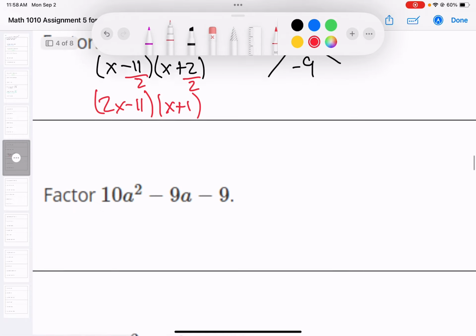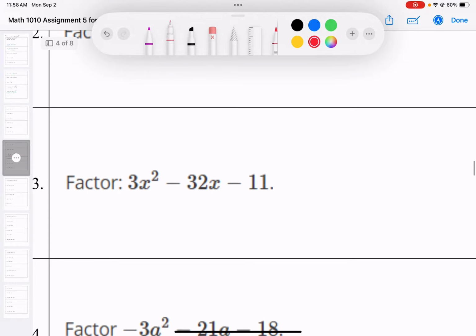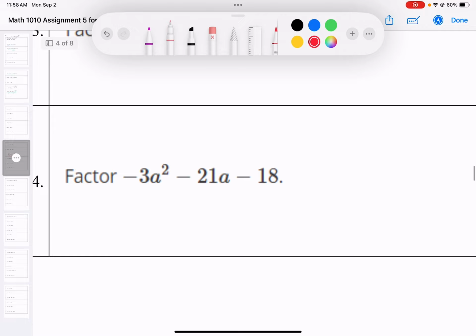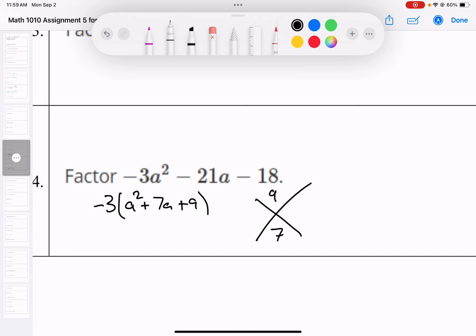Okay, so this one we're going to divide by 10 after we do our x factor. This one we're going to divide out that negative 3 first. So it gives me a squared plus 7a plus 9. And once again, we just do this real quick. 9, 7, 2, let's see.